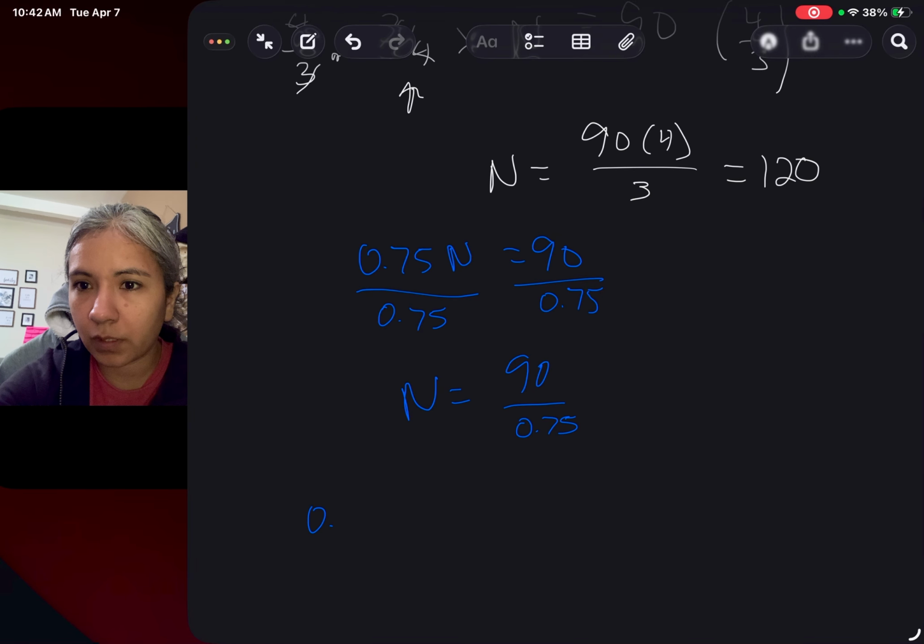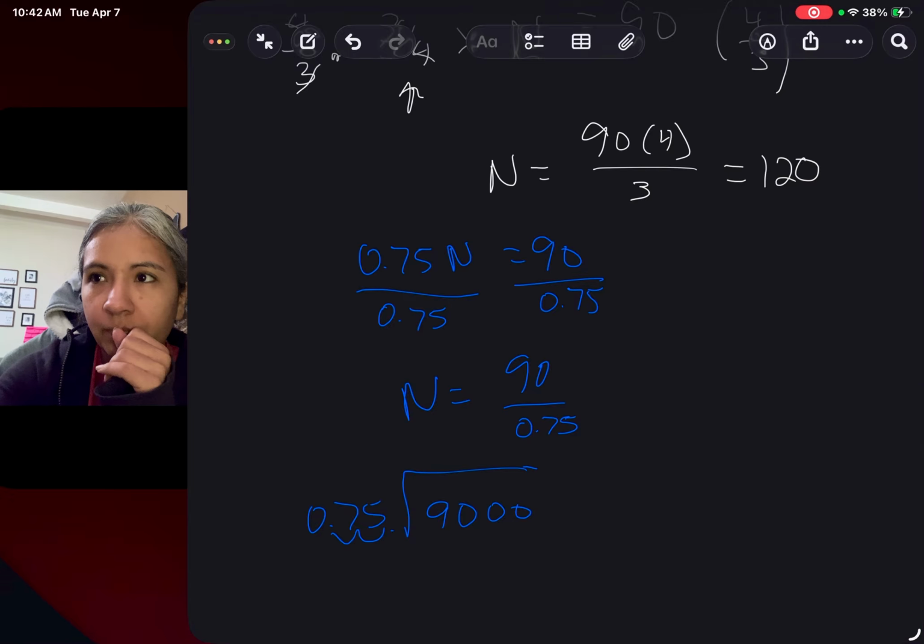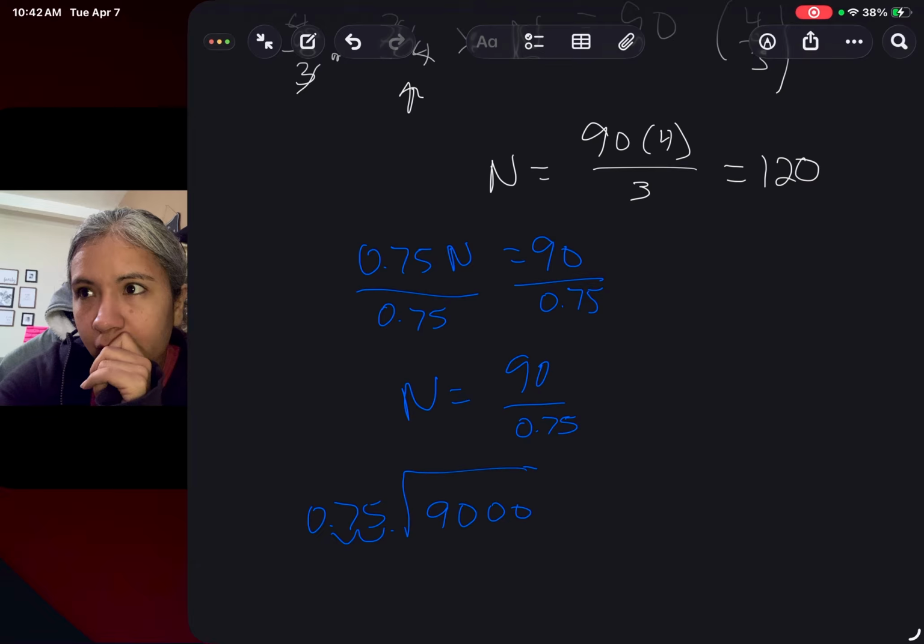Which when you divide 90 by 0.75, we move this over, 75 goes into 90 one time.